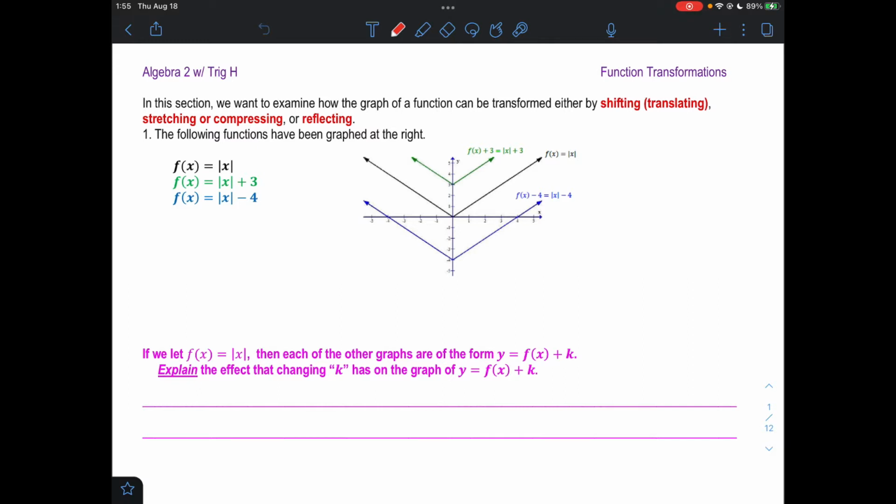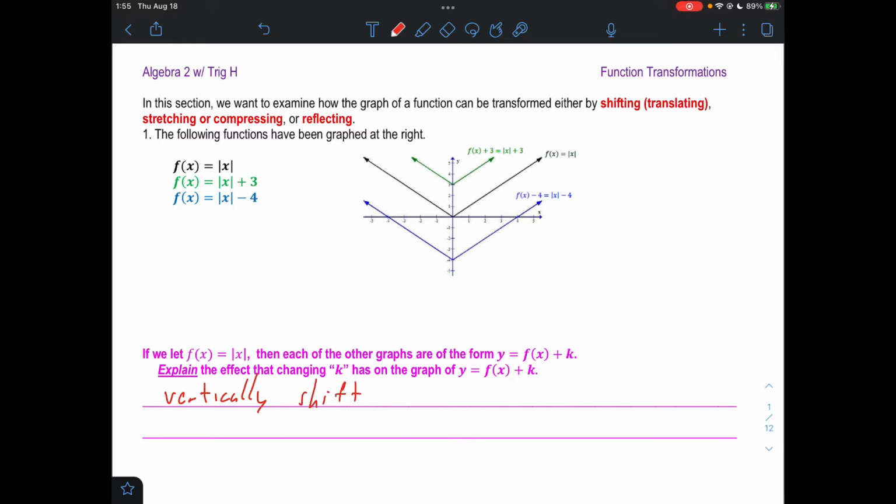We have the absolute value of x, and then we have the absolute value of x plus 3, and the absolute value of x minus 4. So what will adding or subtracting a number outside the absolute value do to a graph? We call that a plus k. What that's going to do is vertically shift or translate.